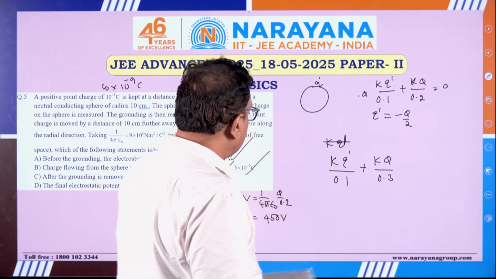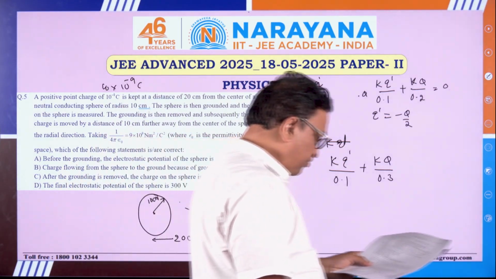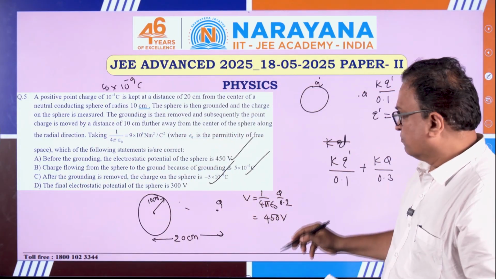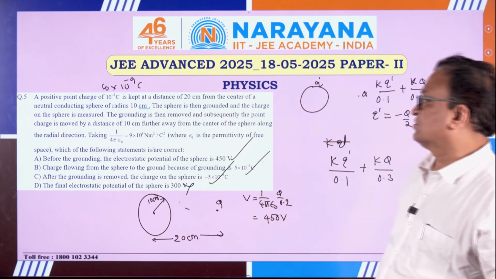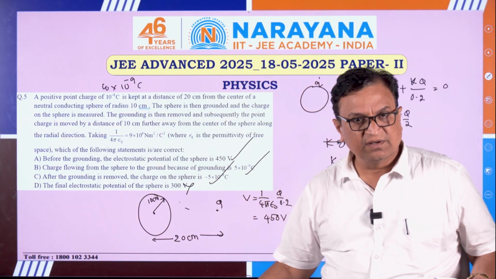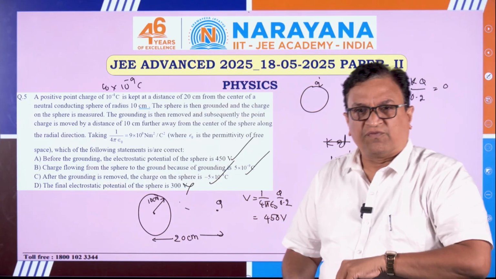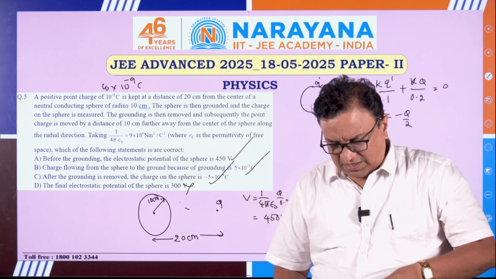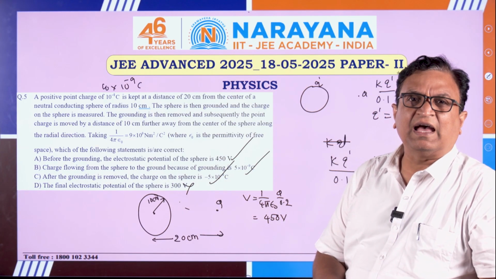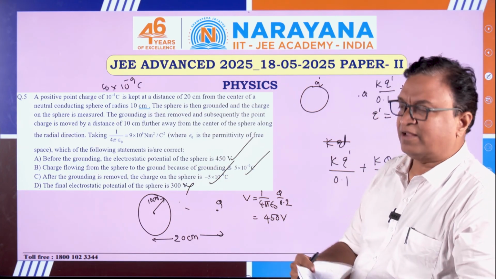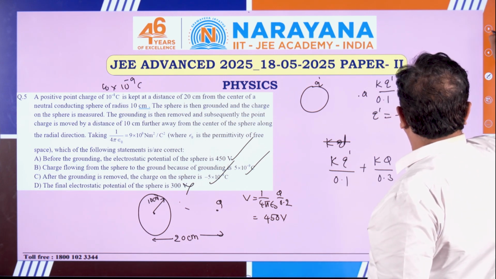This you need to calculate. I have done that calculation. I got around minus 150, which is nowhere matching with this. Nowhere matching with this. Right. Fifth question, easy question. The first multi-correct answer type question is, of course, a very easy question. Next.